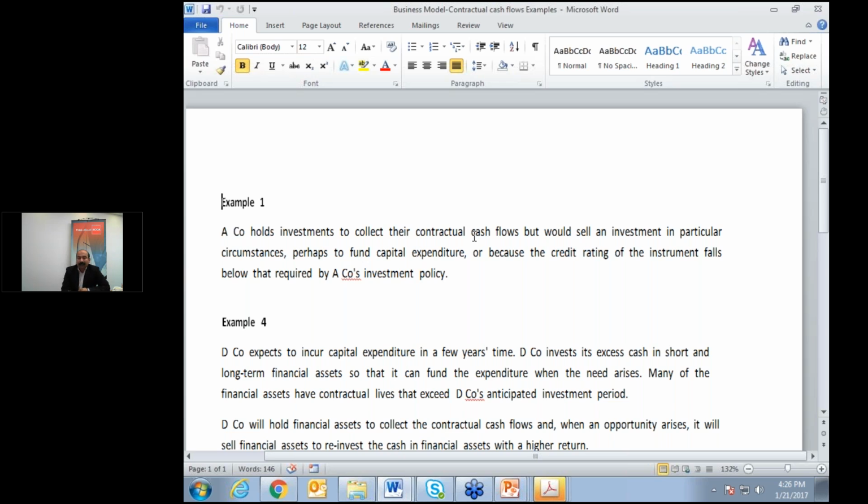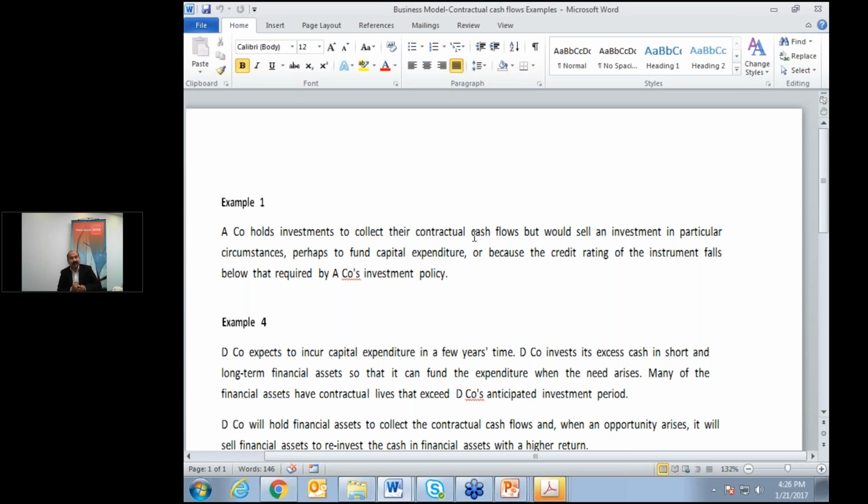See, a company's objective is to hold the financial asset and collect the contractual cash flow. Some sales would not contradict that objective. If sales became frequent, a company might be required to reconsider whether the sales were consistent with an objective of collecting contractual cash flows.